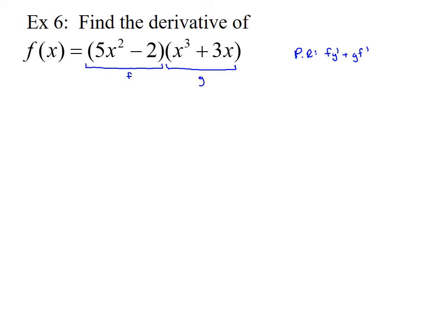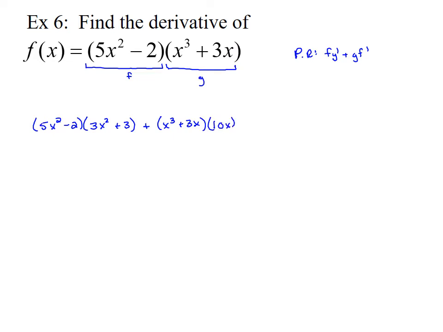So by doing that, it says that I can take the f function, which is 5x squared minus 2, multiply it by the derivative of g, which is 3x squared plus 3. Then you can add to that your g function, which is x cubed plus 3x, times the derivative of your f function, which is 10x.